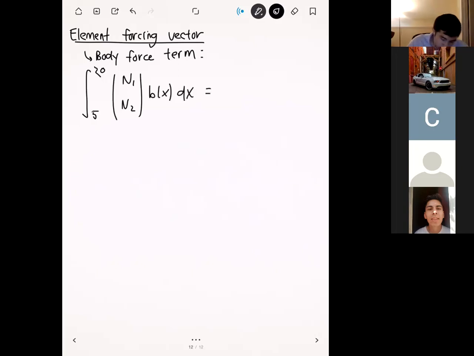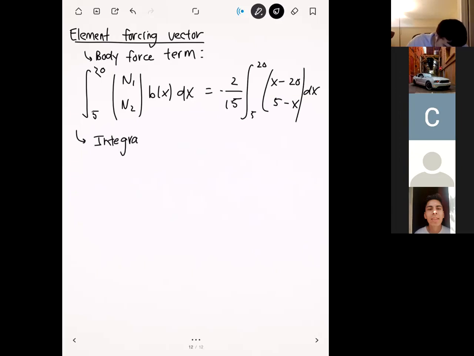We plug in for n1, n2, and b of x, we get minus 2 over 15 integral from 5 to 20, times x minus 20, and then 5 minus x, dx. Okay. And so if we perform this integration, what we get is just a vector of 15 and 15.